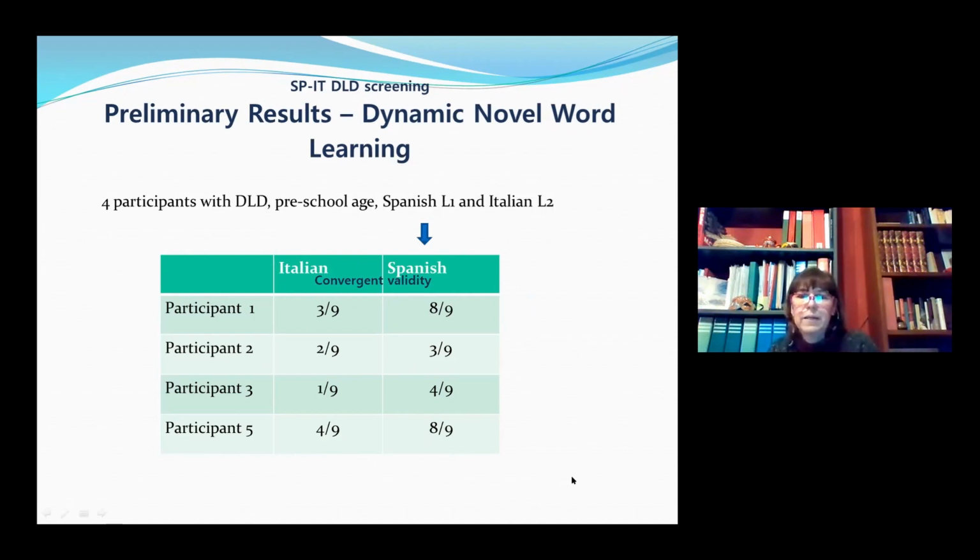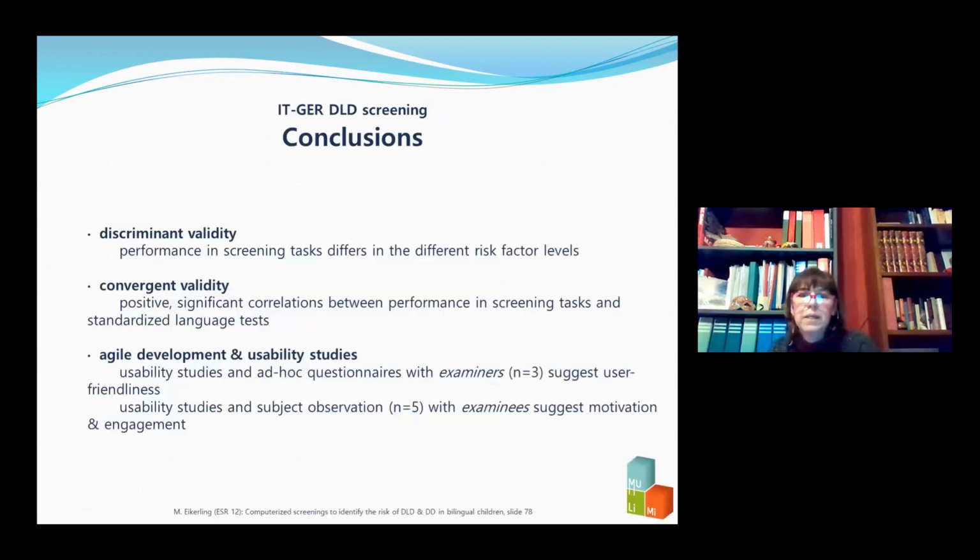So there are differences between the L1 and L2, even if in their spoken language they are not detectable.